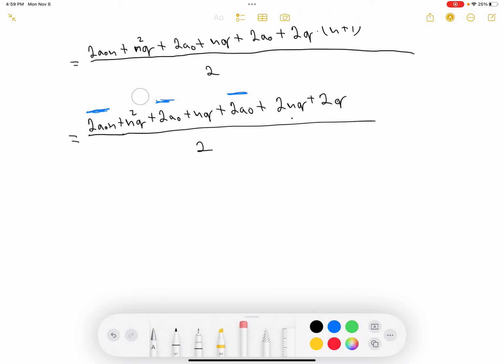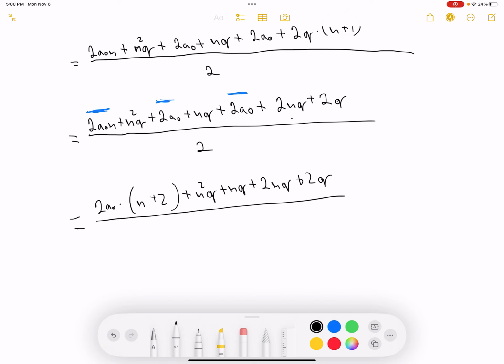Let me change the way I work on this. Okay, so 2a0 times (n plus 2) plus, let's just write it out first, q plus nq plus 2nq plus 2q, right?